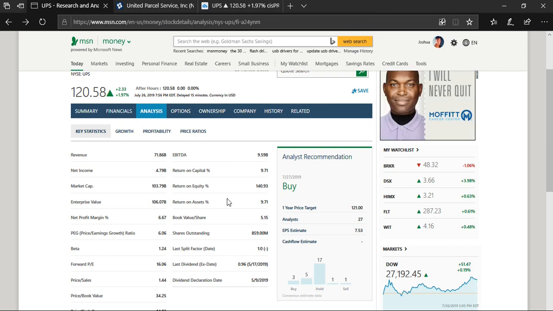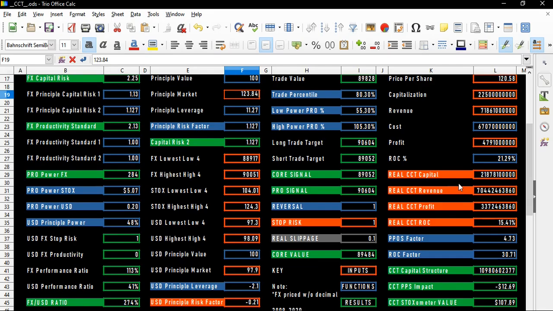But it doesn't even matter. 971. You see why I don't use that? It's because when I use my Quorum's capitalism theorem, it calculates it out, and this is accurate. They didn't earn 21.29% return on capital. The actual value of the money made their capital returns only 15.41%.